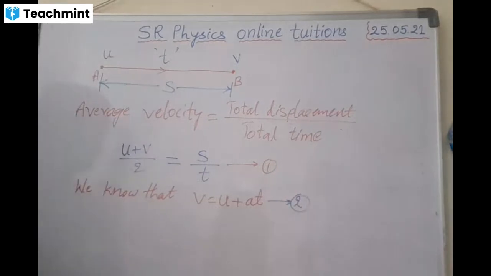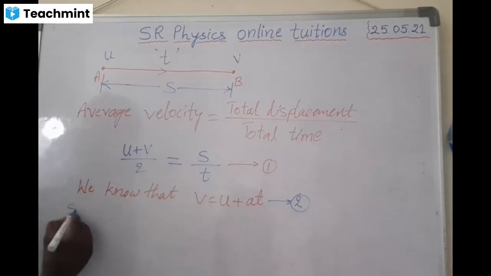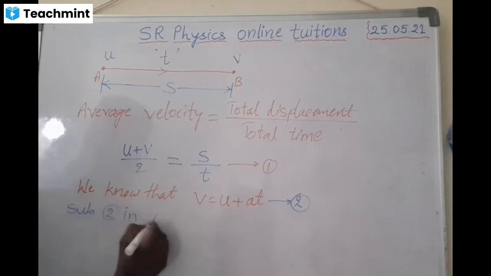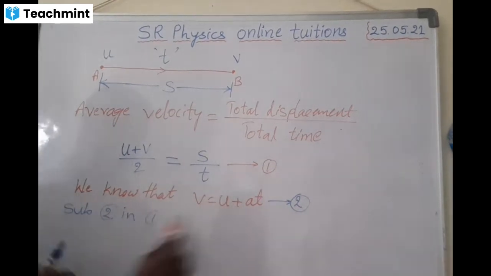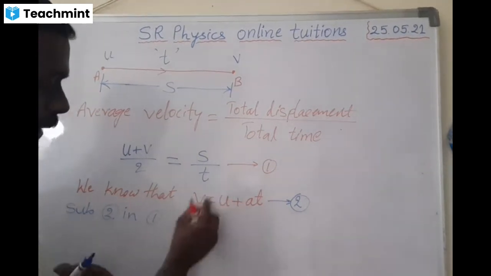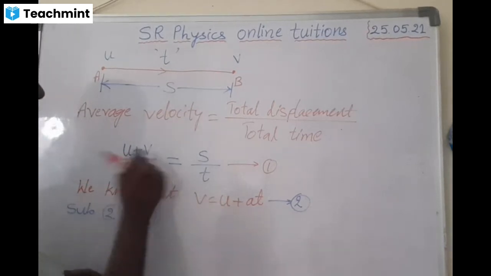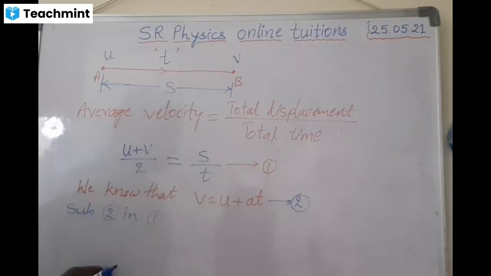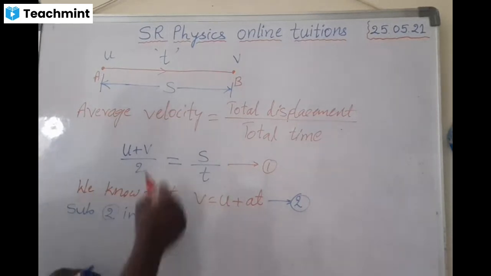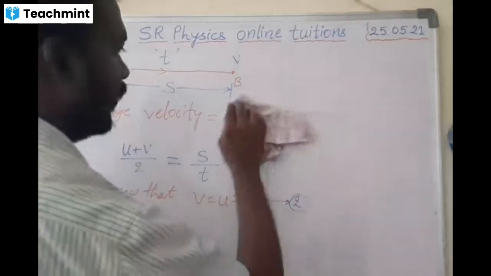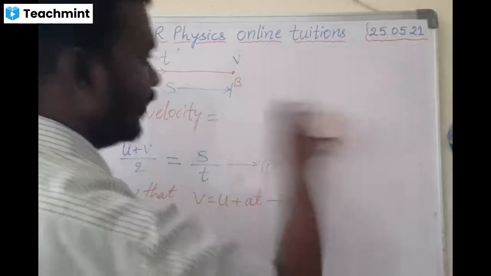Now we substitute 2 in 1. In place of v, I'm substituting u plus at here. So let me erase this and write it here in a short way.